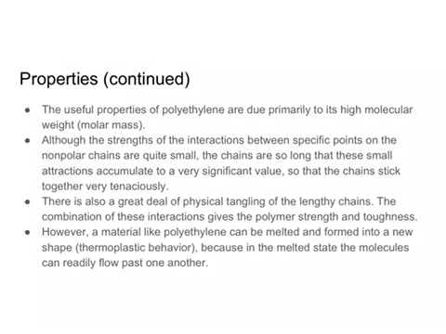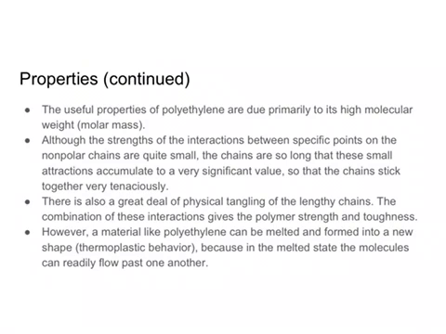So now we'll talk about polyethylene specifically. The main attribute of polyethylene is its high molecular mass, and because of this high molecular mass, it results in a high strength in the interactions between specific points, which is quite small from a tiny perspective, but if you draw it out into a long chain, they add up to a very large value.